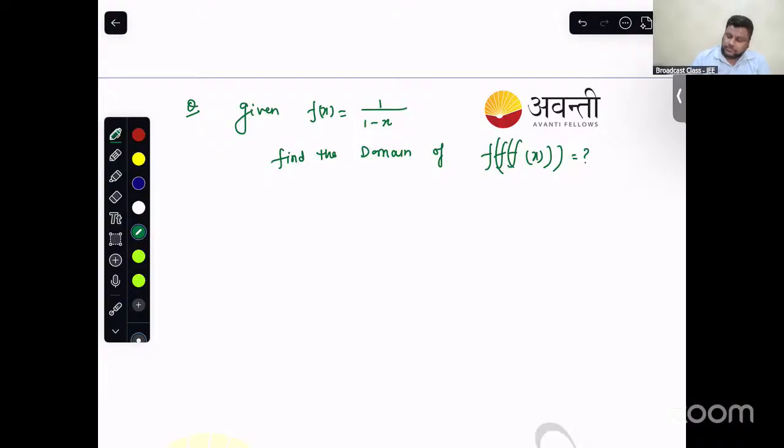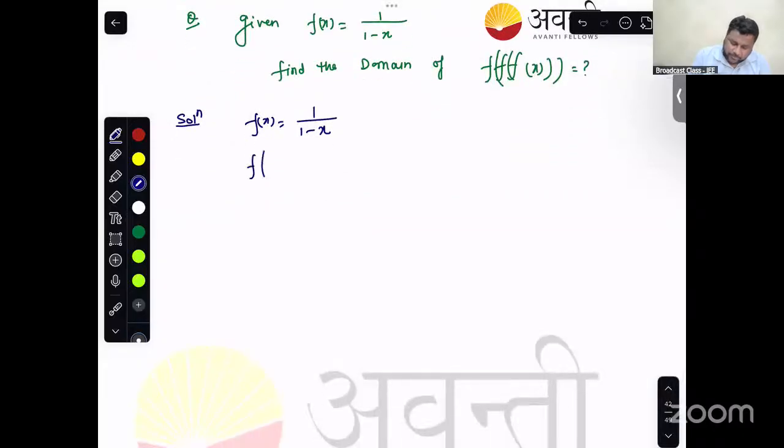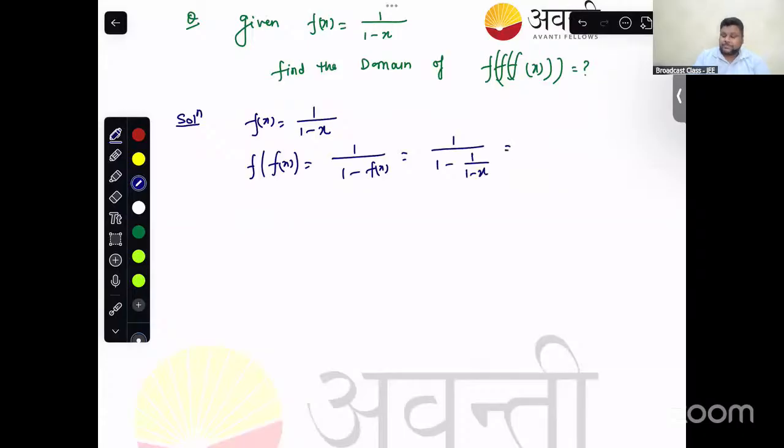Now see. f(x) is 1 upon 1 minus x. So f of f(x) will be 1 upon 1 minus f(x), that is 1 upon 1 minus 1 upon 1 minus x. If I take LCM here, it will become 1 minus x upon minus x, that is x minus 1 upon x. Correct? Now again replace x by f(x).